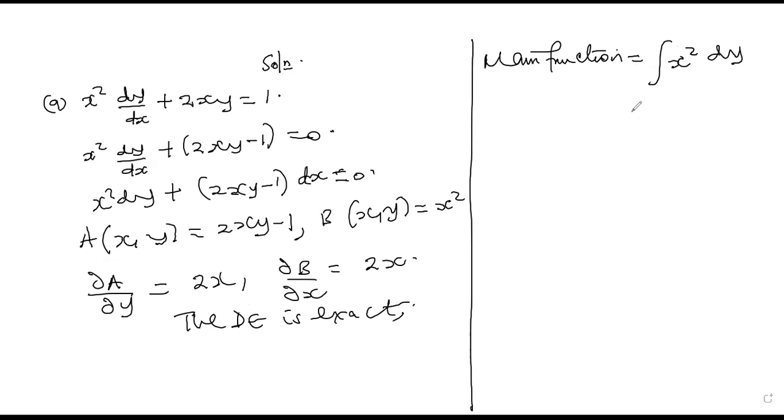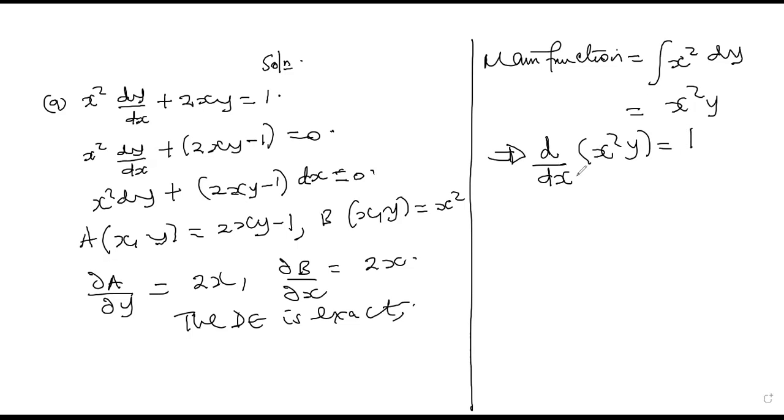When you integrate x squared, you get x squared y, because we're integrating with respect to y. Then the derivative d/dx of the main function, which is x squared y, should be equal to the right hand side, which is 1.